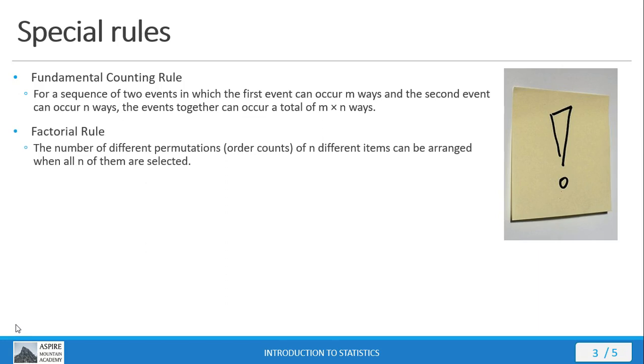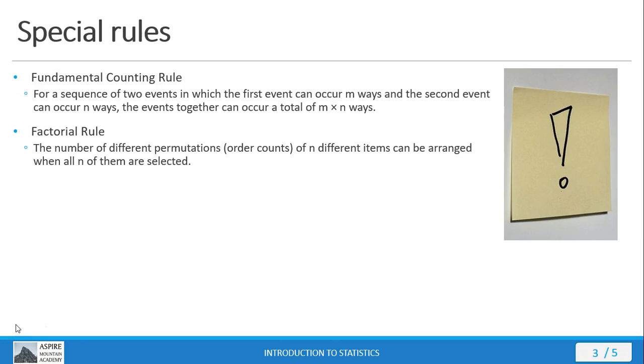And then you have what's called the factorial rule. And factorials are really useful in certain situations. So if you have a number of different permutations, and we'll talk about permutations in a soon to come mini lecture, it's just right around the corner, so don't worry about that. But you've got n different items and you can arrange them. You're usually taking them one at a time.